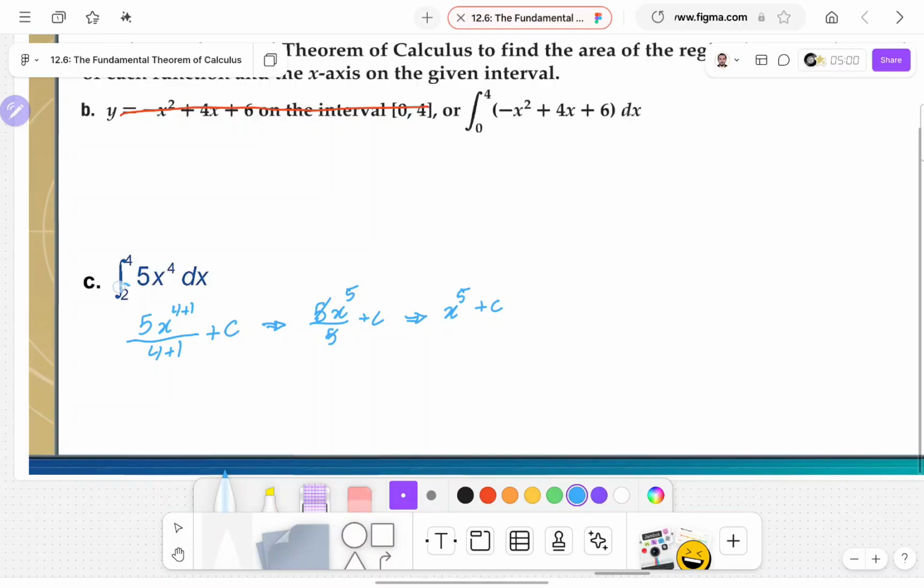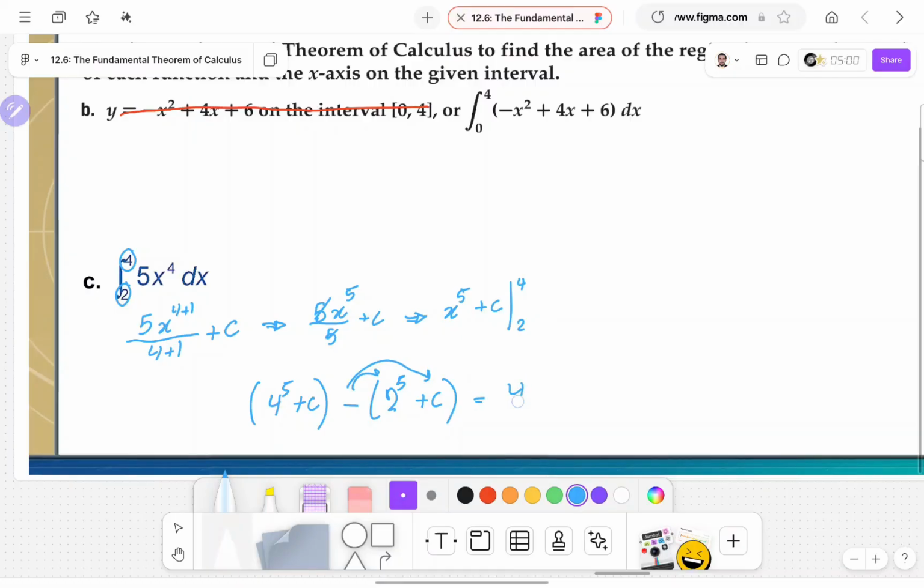But because the question is definite, which has a and b, I put a straight line and put 2 and 4. Now let's evaluate 4, then evaluate 2. So it will be 4 to the power of 5 plus c minus 2 to the power of 5 plus c. Now you need to distribute the negative for every single term.